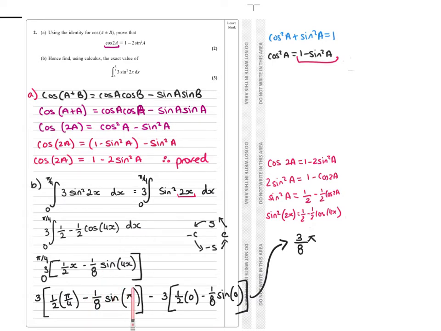So we're going to get minus 1 over 8 times 0, so that's minus 0. Then a half times 0 is 0. Sine of 0 is also, in fact, 0. So this actually is completely 0. So my final answer is 3 over 8 pi.